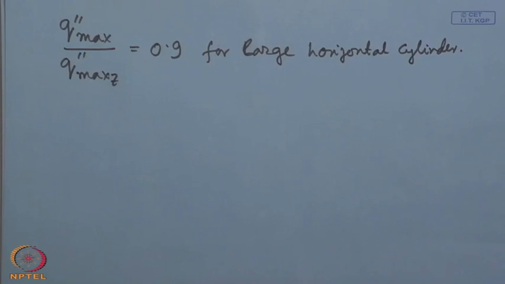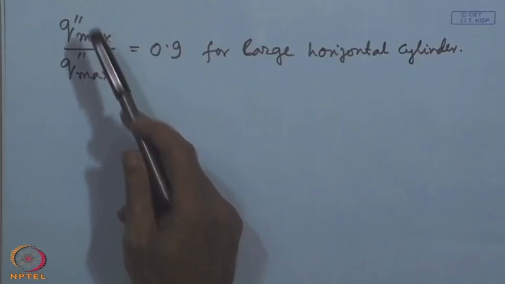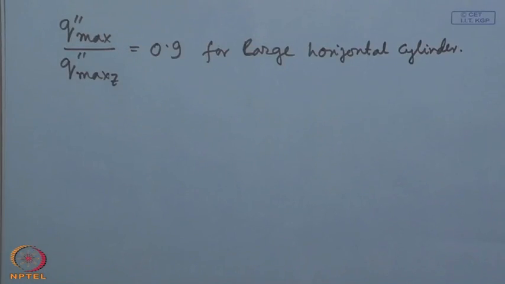So, this is some sort of workable method for determining critical heat flux, and in different books or handbooks one can get this Q max double prime divided by Q max Z double prime for different surfaces, which can be used as and when required for design or analysis purpose.